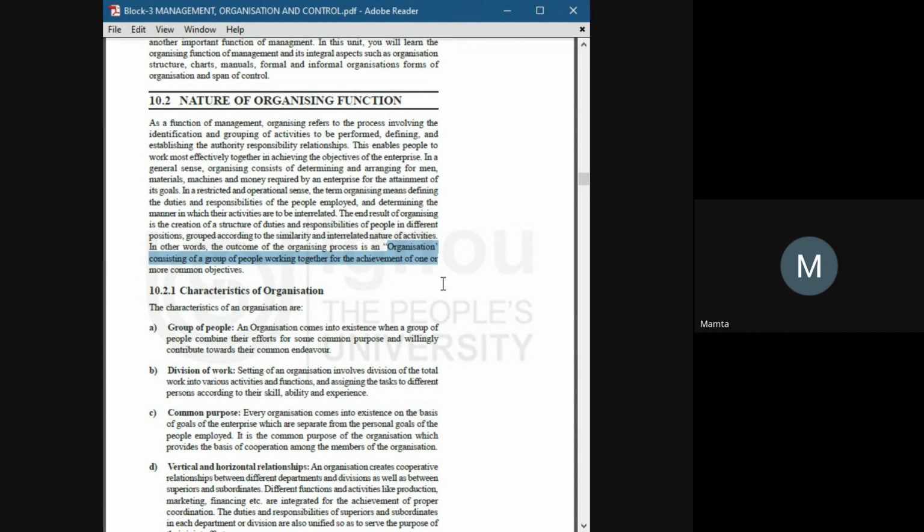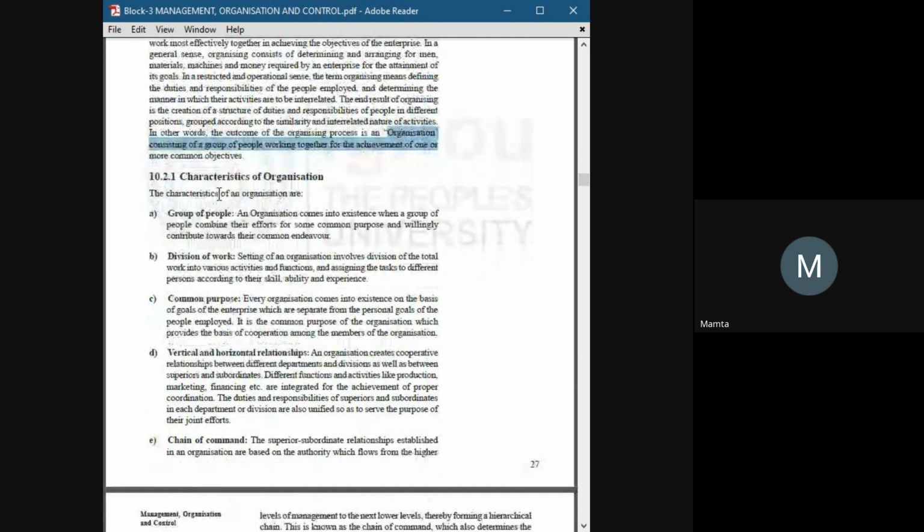The people who are good at production, we will put in the production house. The people who are good at managing things, we will put in managing positions. So that's how organizing works. In this, we assign the duties to everyone and divide the work.